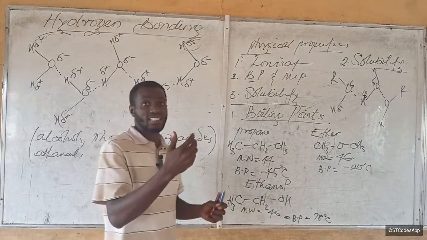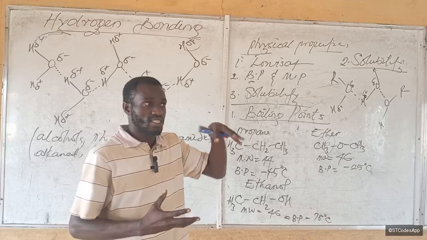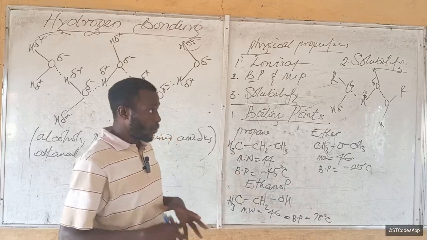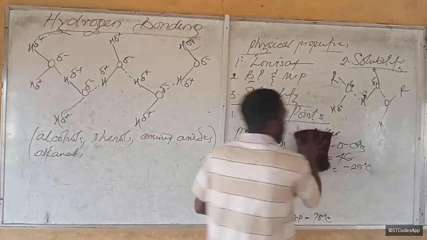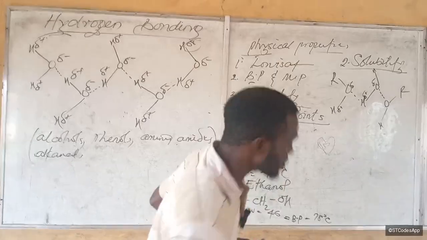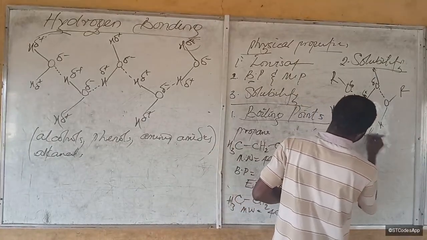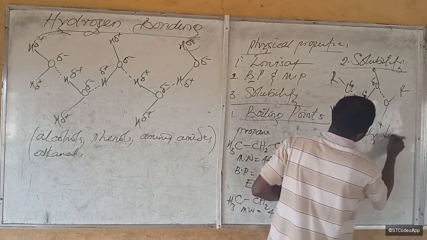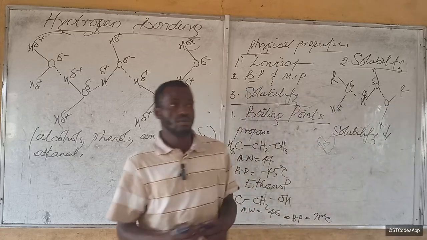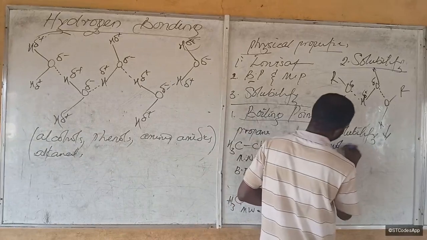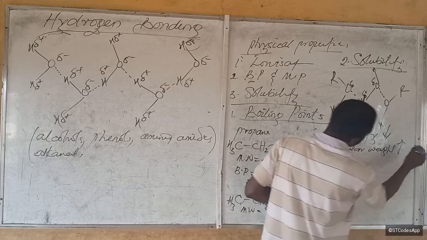The solubility will actually decrease as you go down the homologous series. That is, as the molecular weight increases, then solubility decreases. So I said that solubility decreases as molecular weight, not just molecular weight, but let's use that, generally increases.